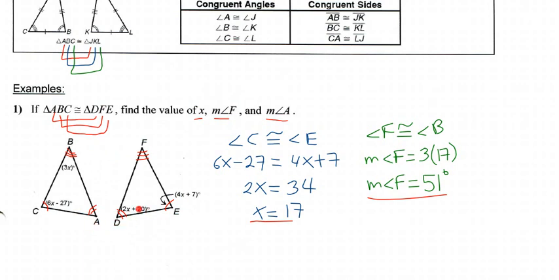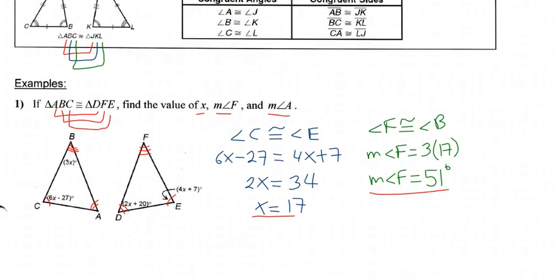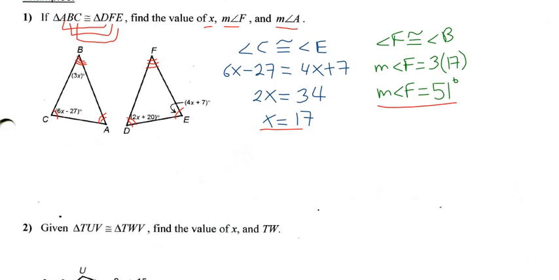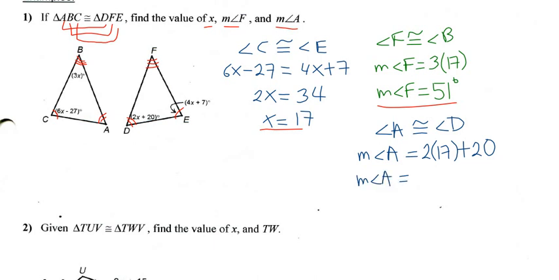So we can use the measurement of angle D to find the measure of angle A. Because they are congruent, we can find the measure of angle A by using the measure of angle D. So the measure of angle A would be 2 times the value of x, which is 17, plus 20. And 17 times 2 is 34.